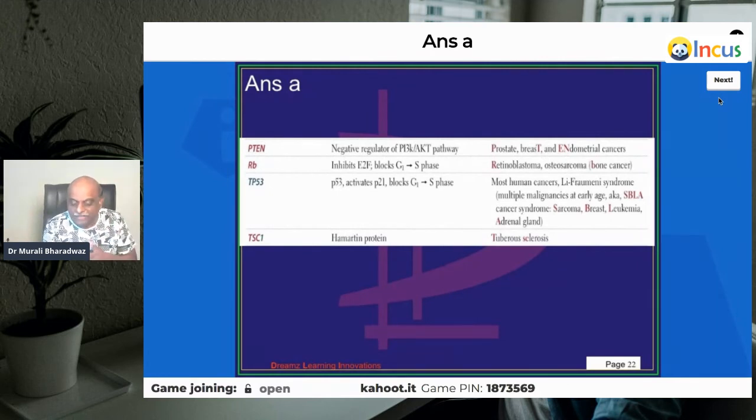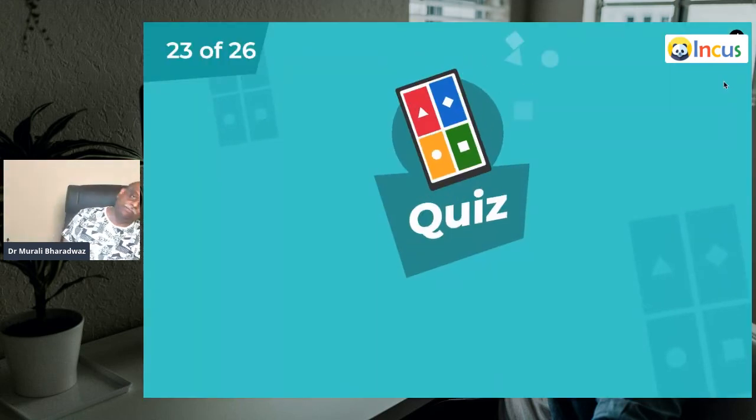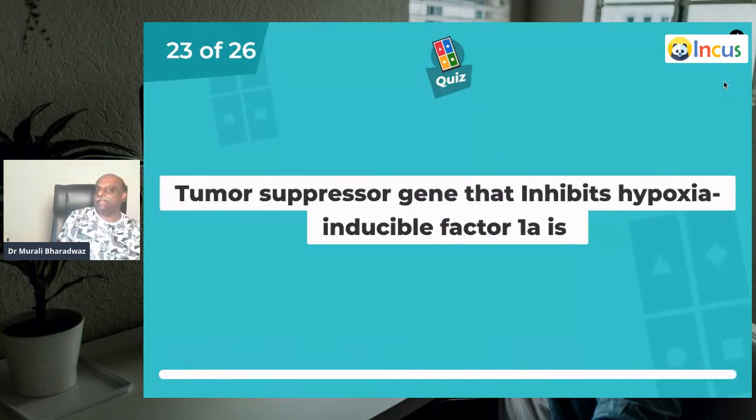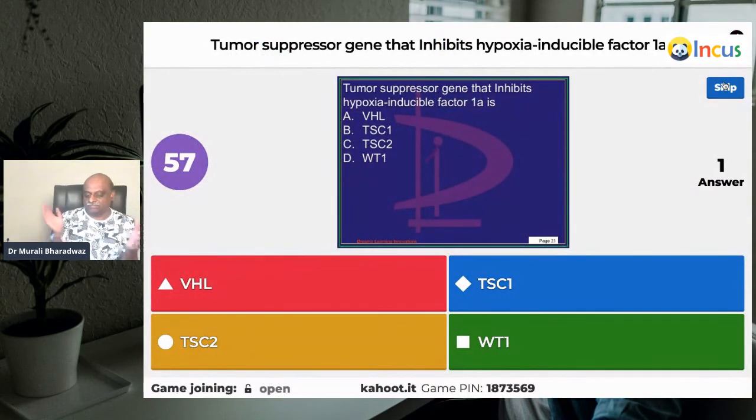TP53, that is P53, activates P21 and blocks G1S phase, in most human cancers, and Li-Fraumeni syndrome. And TSC1 is hamartin protein, which is responsible for all the hamartomas in tuberous sclerosis, is what you need to remember. The last 2 questions are going to decide the 40,000 rupee winner.